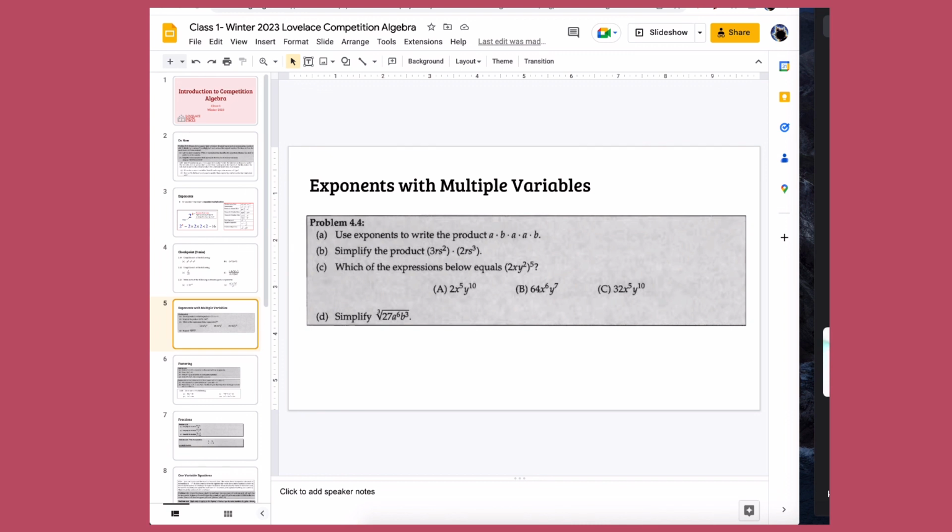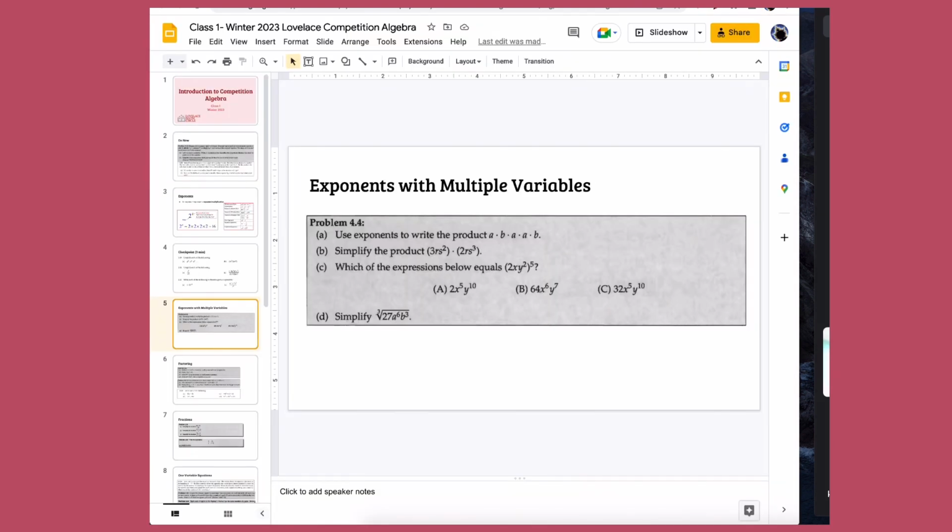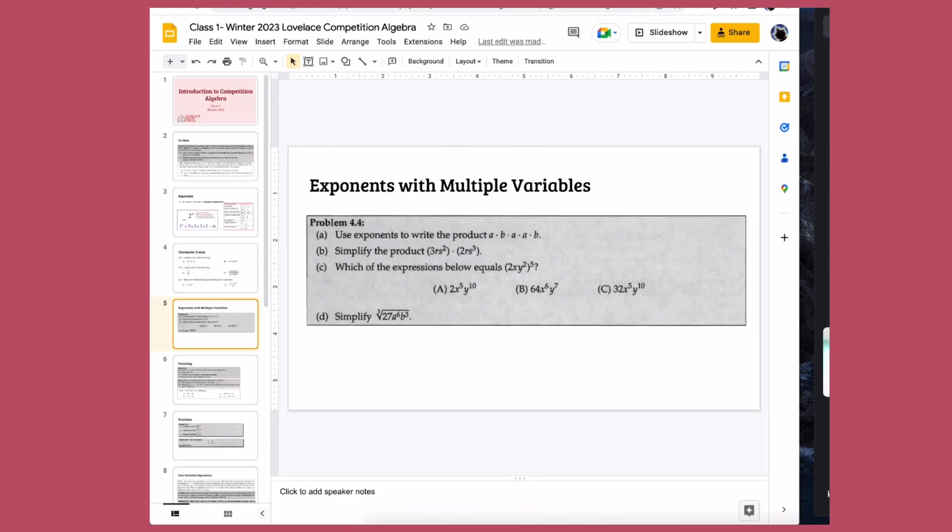So I think we can go over this now. Okay, so the 4.4b wants us to simplify the product 3r times s squared times 2r times s cubed.